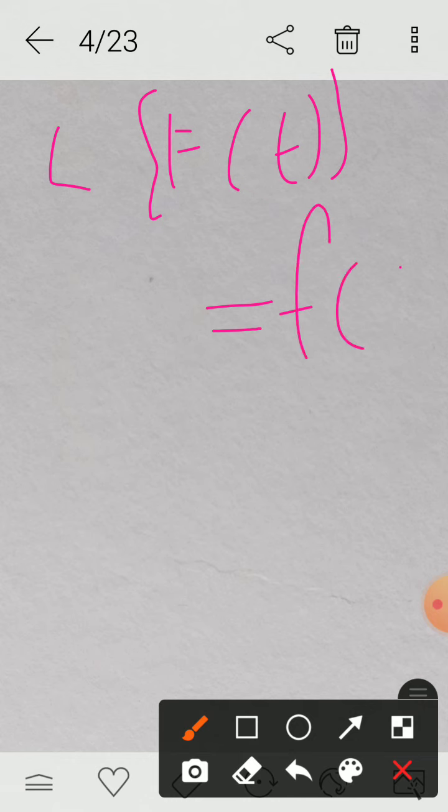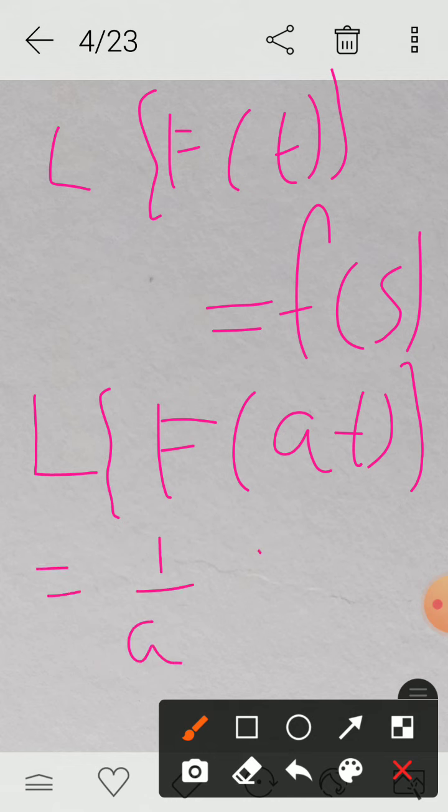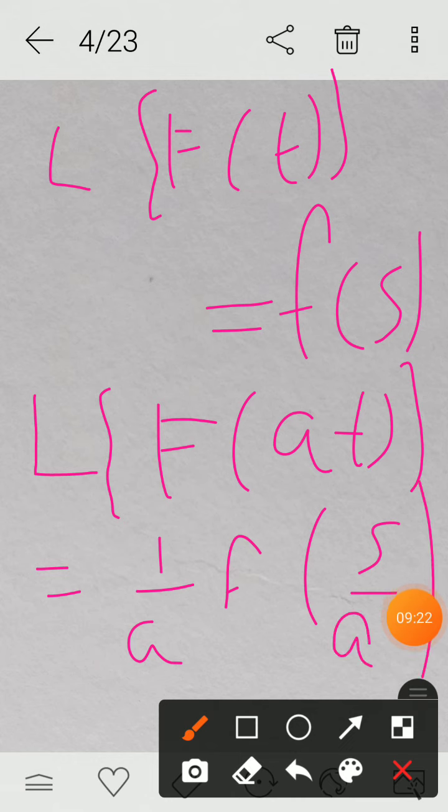That is, if the Laplace transform of f(t) is F(s), then the Laplace transform of f(at) will be equal to (1/a) F(s/a). We have already proved this property. There are so many problems based on this property.